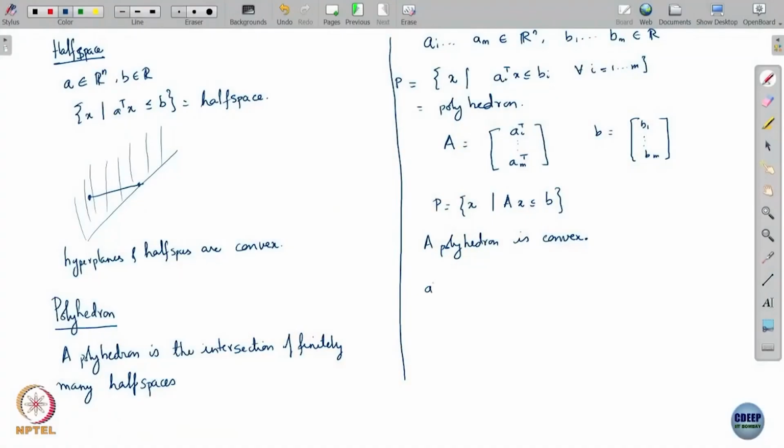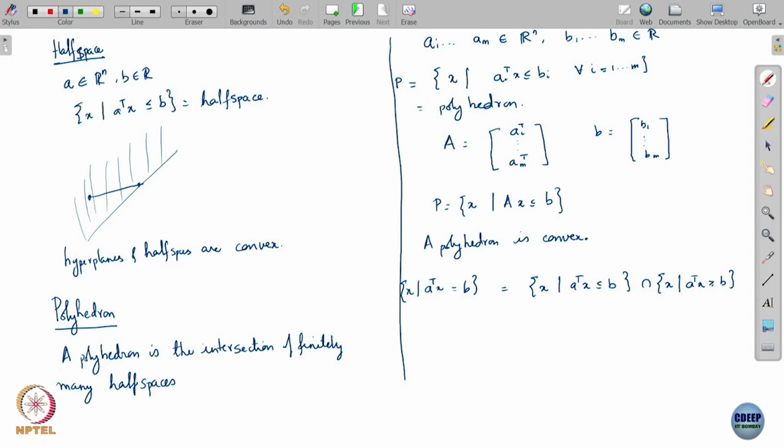Can you explain why a hyperplane is a polyhedron? Yeah, I can think of it as an intersection of two half spaces. So a hyperplane, x such that A transpose x equals B, is the intersection of x such that A transpose x is less than or equal to B with x such that A transpose x is greater than or equal to B, right. So it is an intersection of these two half spaces.